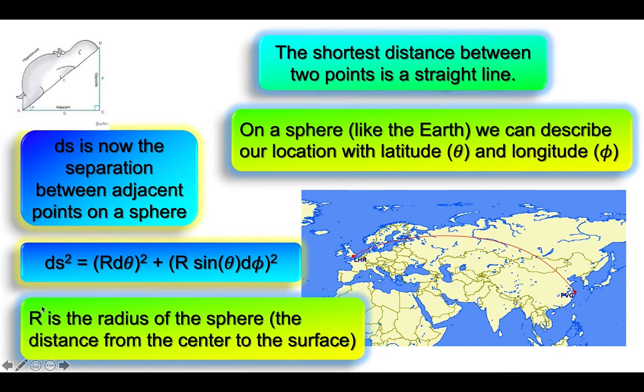Here, r is the radius of the sphere that we are traveling on, because the distance between points on the Earth is going to be different from the distance between points on a baseball. Probably the Earth will be much bigger because the Earth is much bigger than a baseball. So this term r just allows us to account for the fact that whatever sphere we're traveling on, whether it's the surface of the Earth or over the surface of a baseball, that could affect the distance between two points on that sphere.